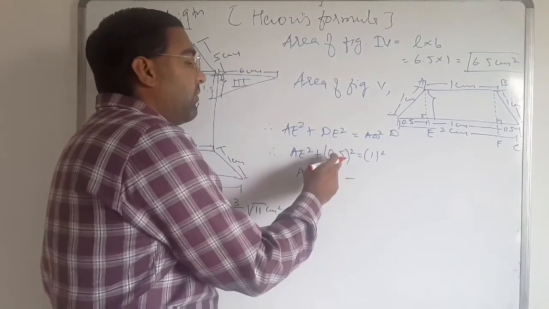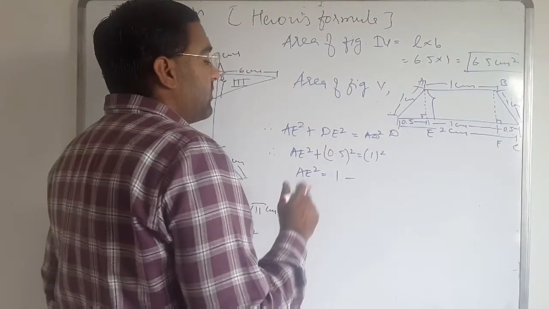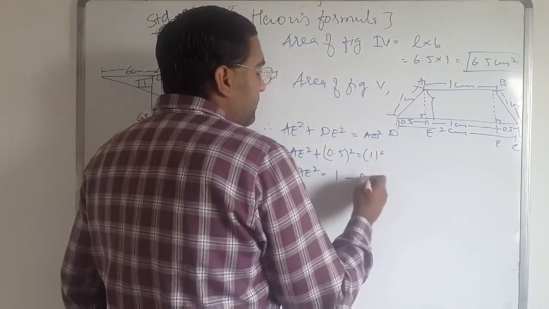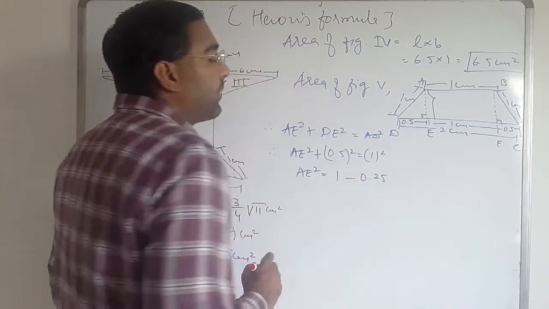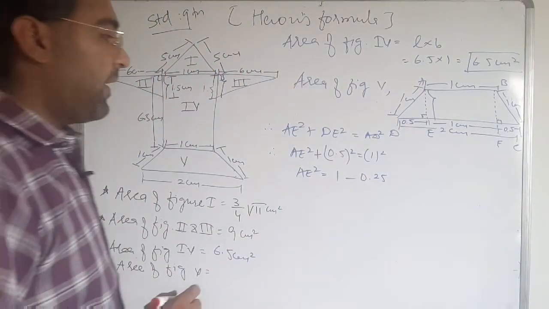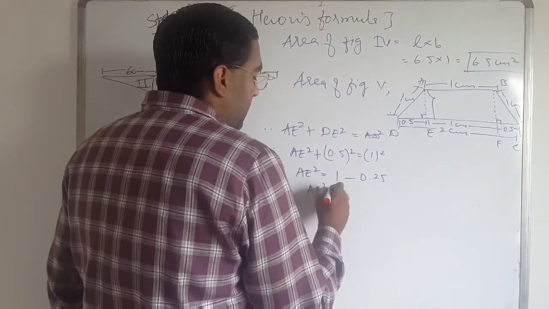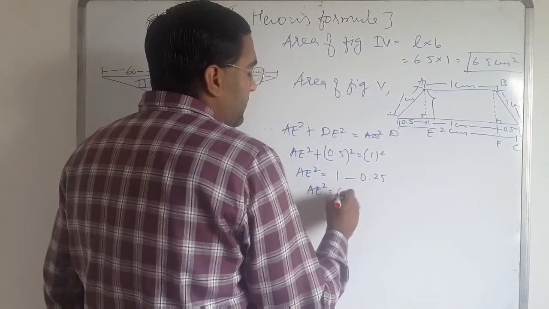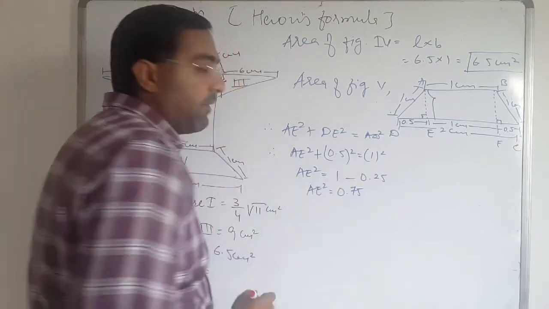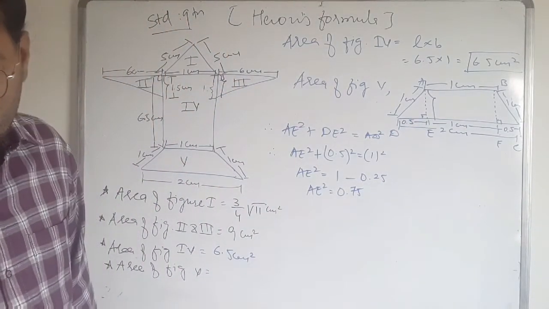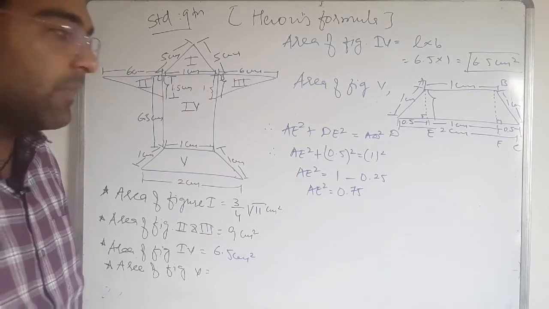The square of 0.5 is 0.25. Now AE square is 1 minus 0.25, that is 0.75.